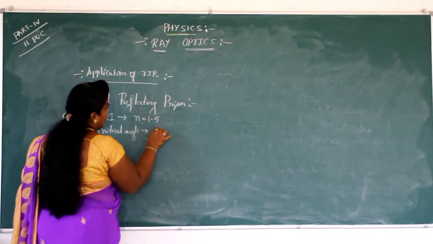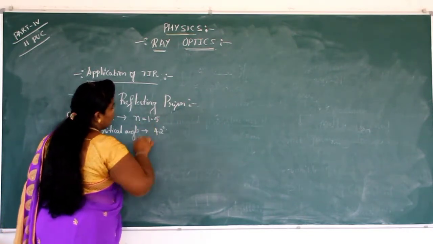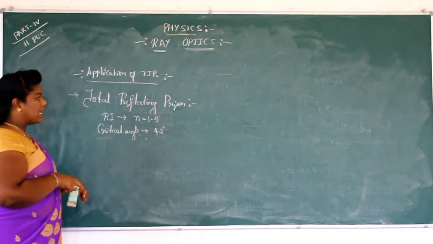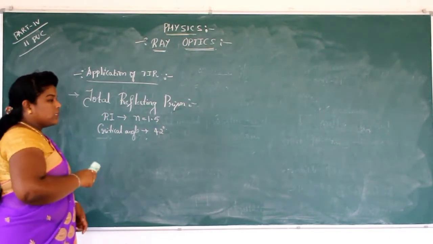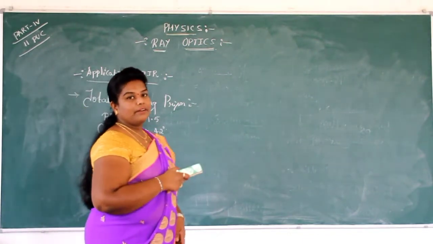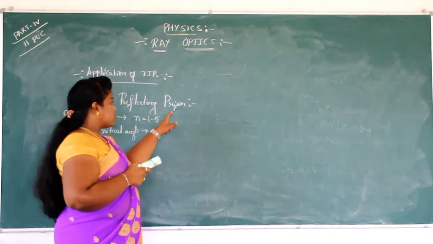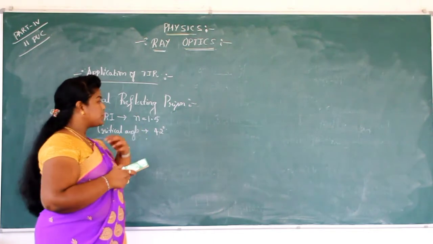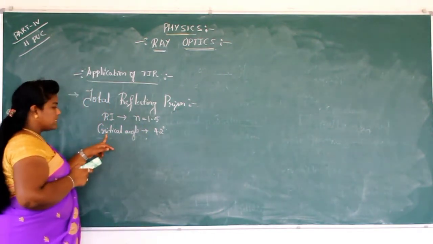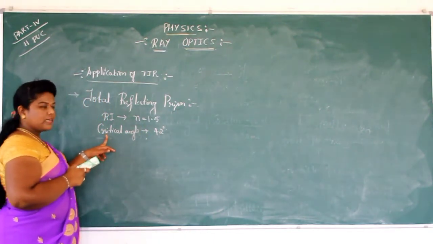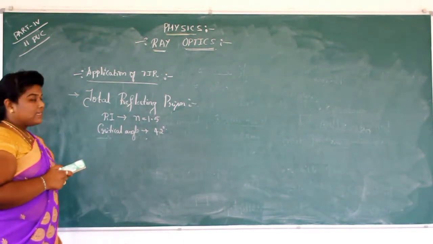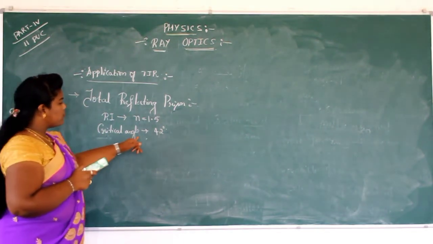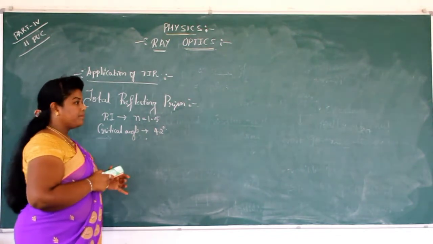That is about 42 degrees. So to observe total internal reflection in this prism, we should incident a ray of light at an angle greater than this critical angle. That is, the angle of incidence should be greater than 42 degrees.